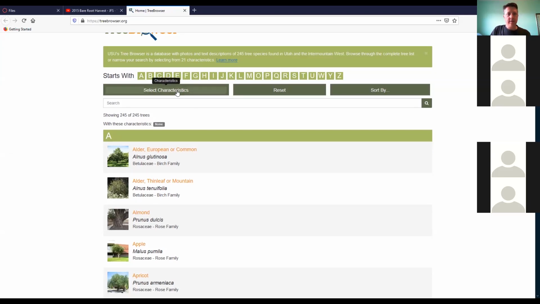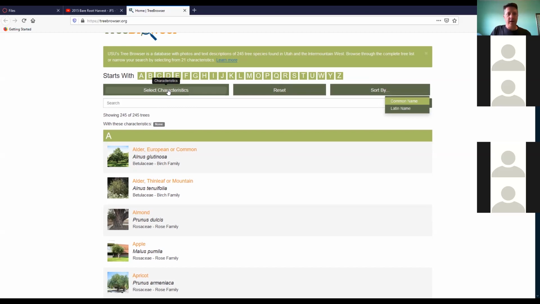One of the most valuable features about this software is that almost all these trees will grow well in Utah. It doesn't necessarily mean we would recommend all of them, but they will typically grow in most areas in Utah. You can sort by common name or Latin name, and I'll leave it at common name for now.